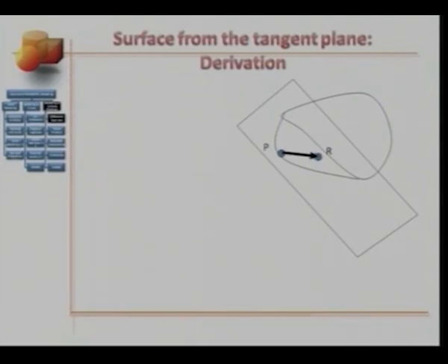We construct a vector PR. We let a normal n pass through point P, and this normal n is perpendicular to this tangent plane, and we are trying to compute the projection of PR on this normal n here.